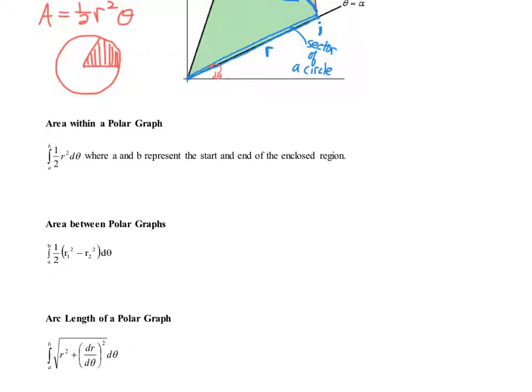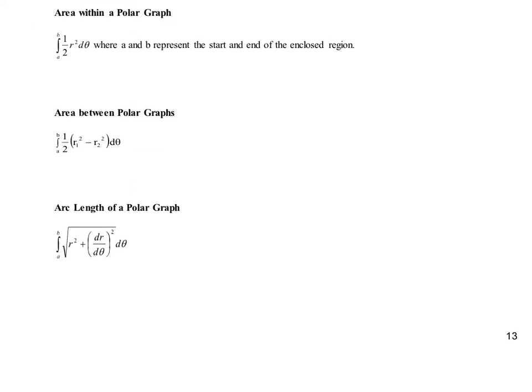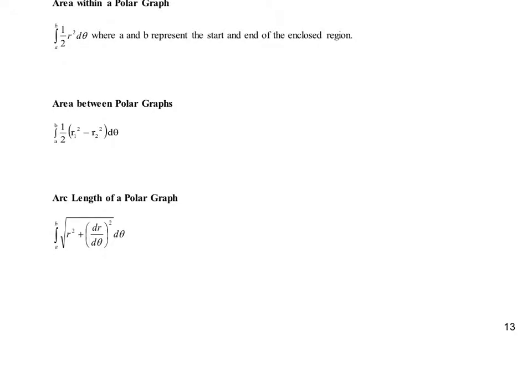All right, so basically, because you see a dr d theta here, it's going to be reliant on our ability to take a derivative involving a polar function, which we have not learned yet. There's more on that later, and there will be an exciting conclusion to the arc length. But we can certainly use it once we learn how to take a derivative. But I do want to show you where it came from, because that's kind of my thing.